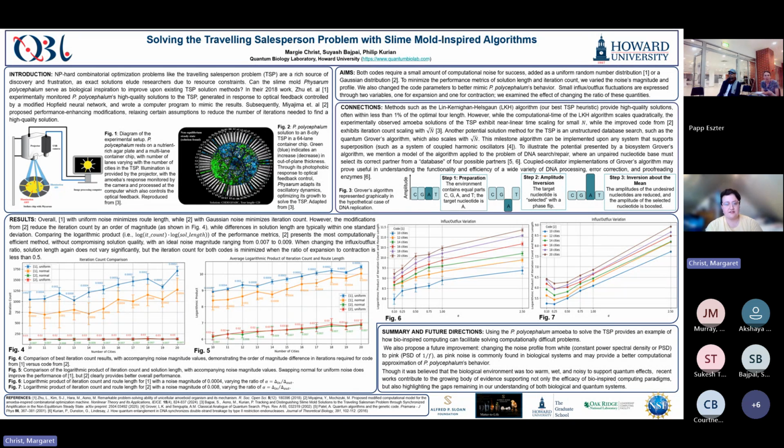And regarding our second goal, varying these influx outflux parameters, again, the solution length does not vary significantly when we change these quantities, but the iteration count in both cases for both codes is minimized when the ratio of expansion to contraction is less than 0.5.